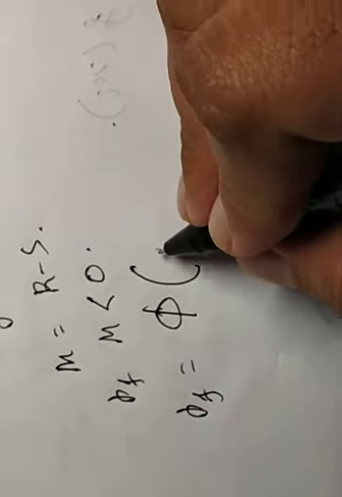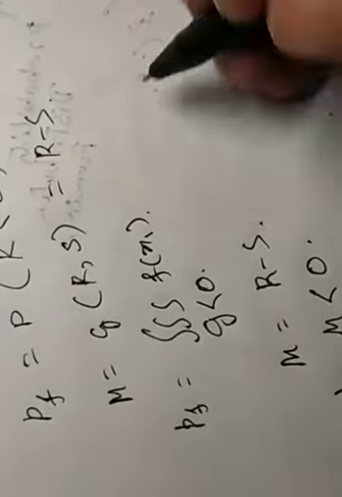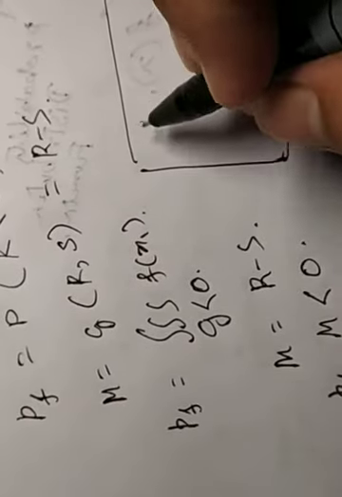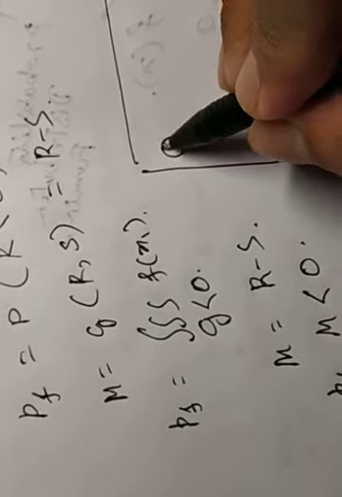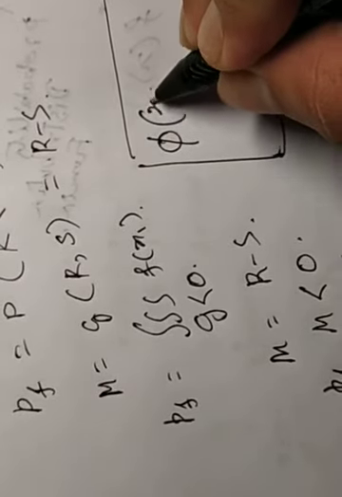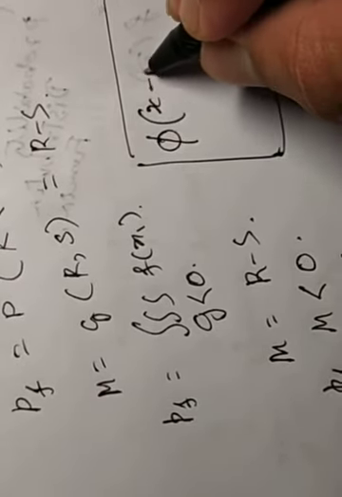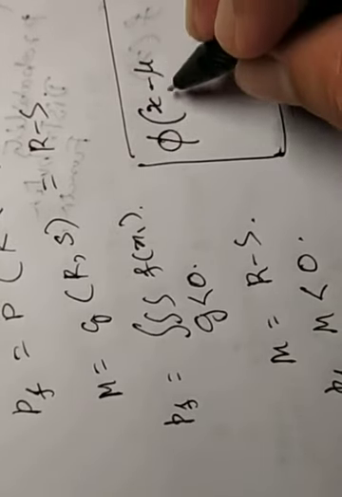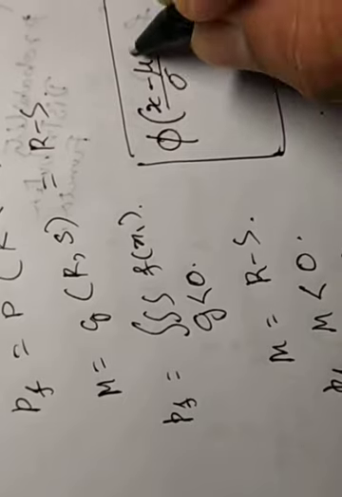Just a side note here: we are already aware that the cumulative probability phi till any point x is going to be phi of x minus mu of the distribution, divided by the sigma of the distribution.